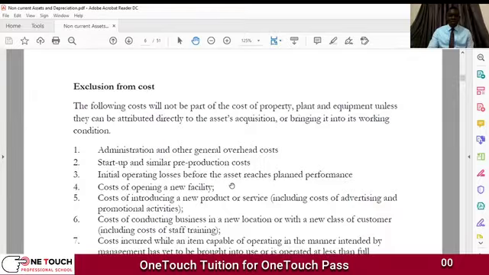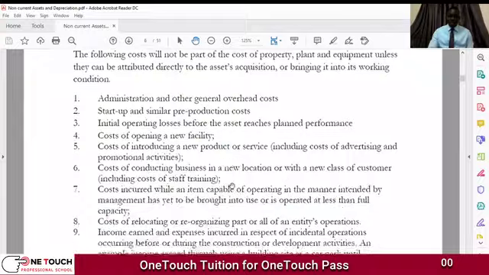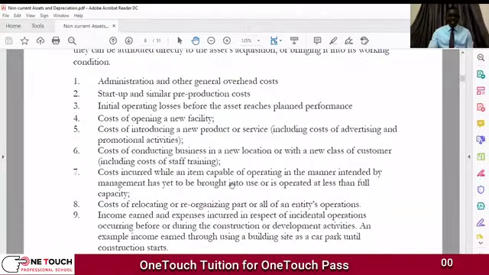Cost of opening a new facility. Cost of introducing a new product or service, including cost of advertising and promotional activities. Cost of conducting business in a new location or with a new class of customer, including cost of staff training. No, we cannot include these as cost of an asset.